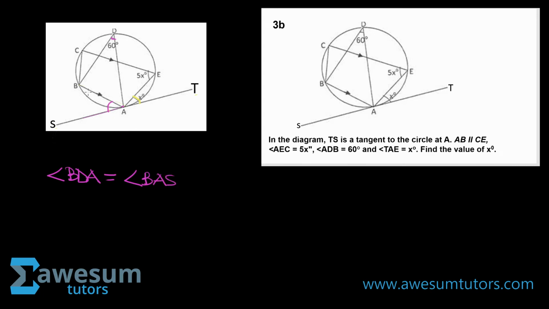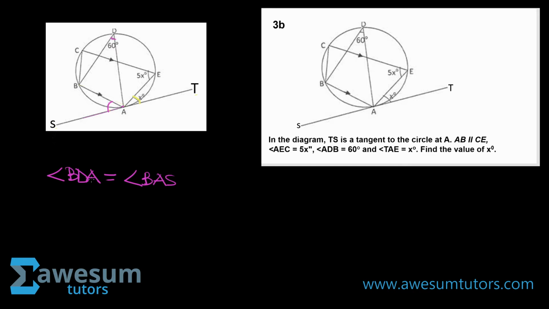This is what we are saying, angle BDA, which is 60 degrees, equals angle BAS. The theorem says the angle between the tangent to a circle and a chord through the point of contact is equal to the angle in the alternate segment.